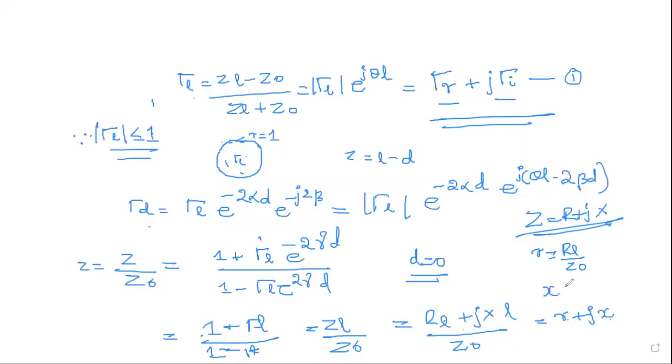Similarly, your small letter x will be nothing but XL divided by Z naught, which is the normalized reactance. So this is what you plot in the Smith chart. You will be dividing the resistance part by characteristic impedance, and the reactance part by characteristic impedance. Then you're plotting it on the Smith chart. So that is one more equation of resistance and reactance.